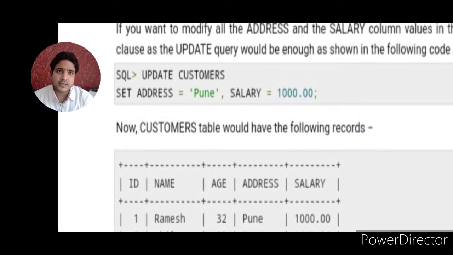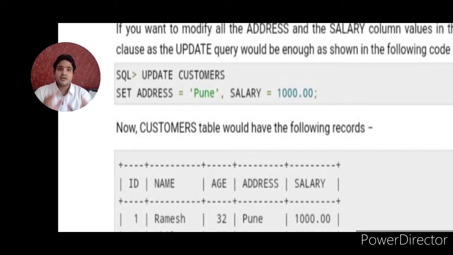Suppose the user wants all values of the address to be Pune and all values of salary to be 1000. The syntax written on the SQL prompt will be: update customers, where customers is the table name, set address = 'Pune', salary = 1000.